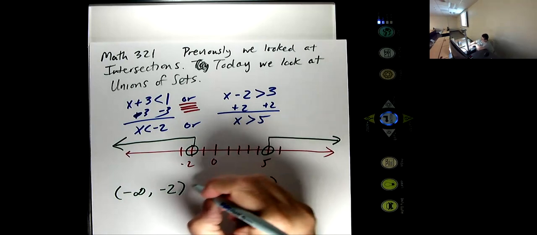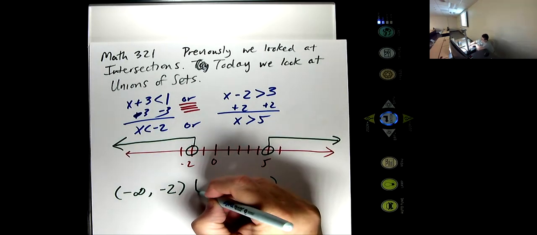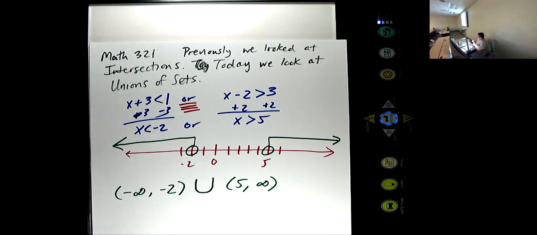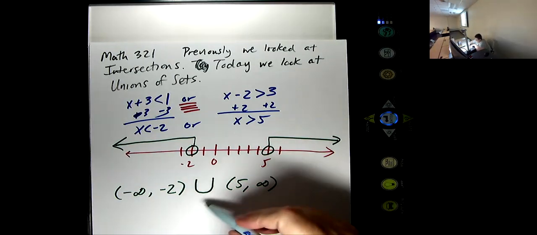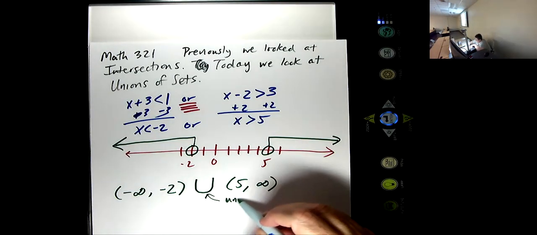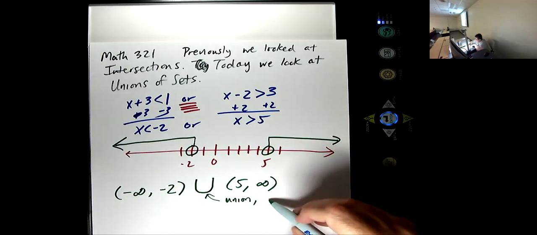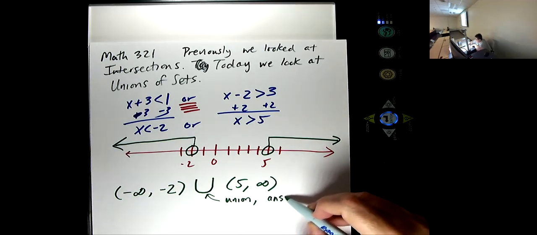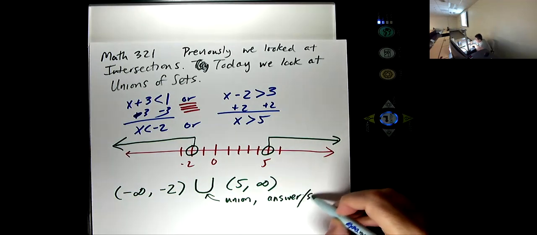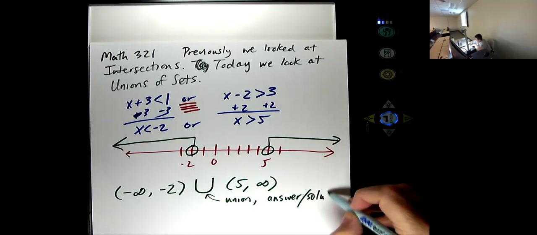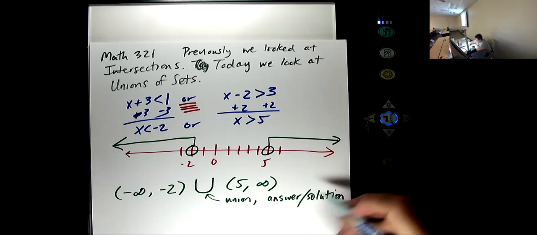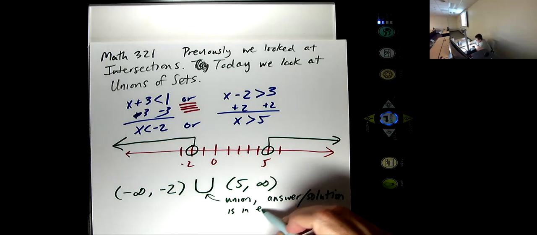And then since it can be in either region, we put this big old fat wide U. That represents union, which means the solution is in either set.